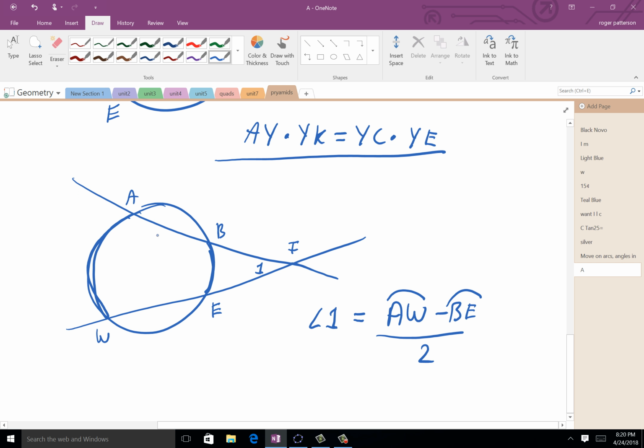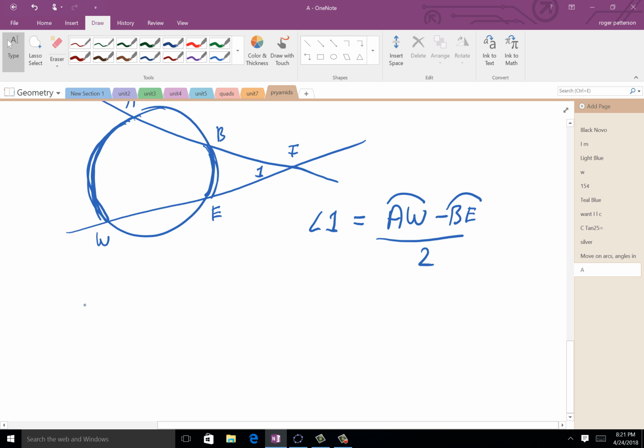So it's going to take the measurement of this larger arc minus the measurement of the shorter arc divided by 2 is going to give you that angle right there at I. So those are our secant properties. There are other secant properties, but we're only interested in these 2. There's a couple other more kind of interesting ones, but again, we're just going to stick with these 2.